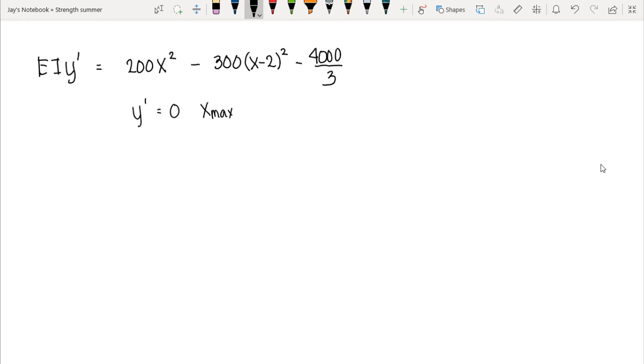So we can substitute here the value of 0. So we have EI, or the flexural rigidity, times 0 is equal to 200 times x maximum squared minus 300 times (x maximum minus 2) squared minus 4,000 over 3. Okay, we can compute for the value of x by further evaluating this equation, but by just using your calculator, we can come up with the value of x.